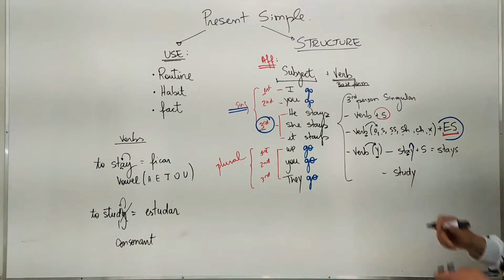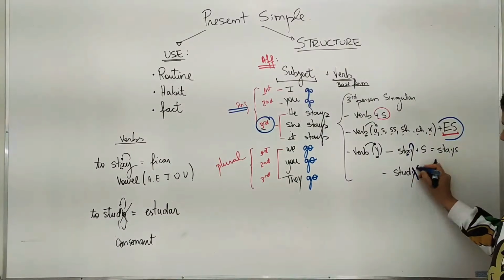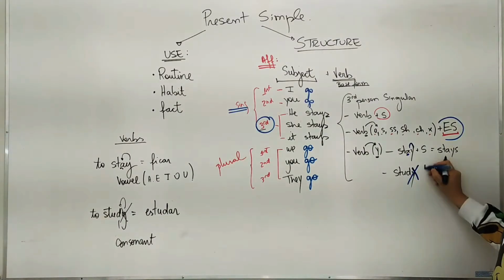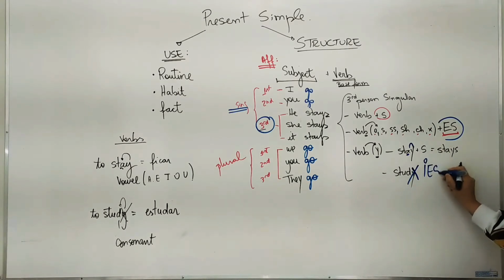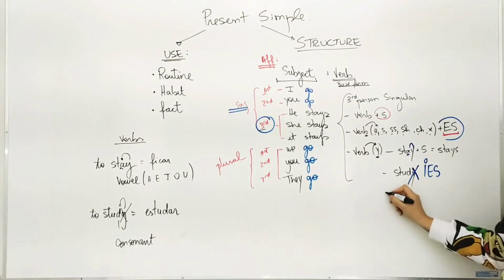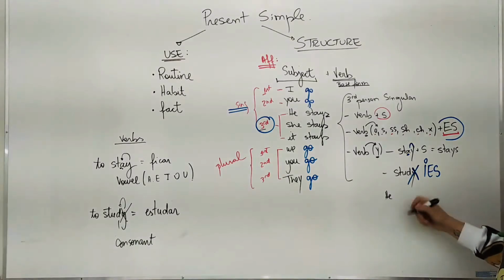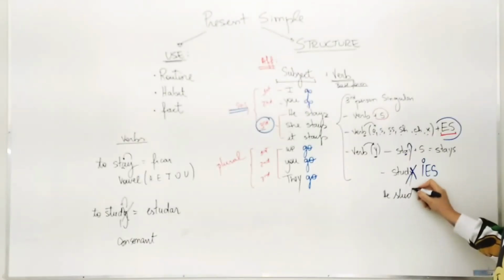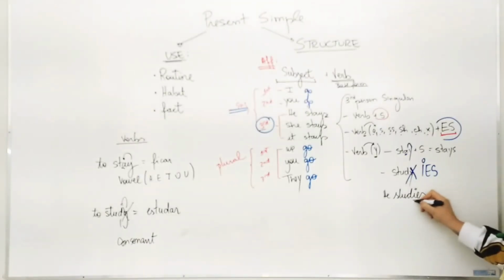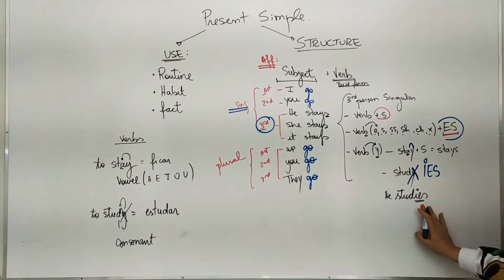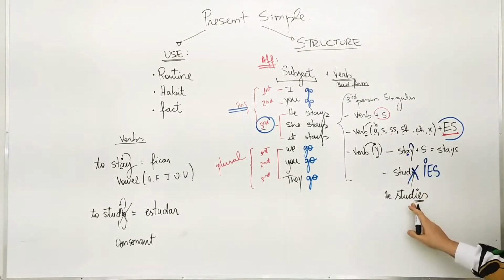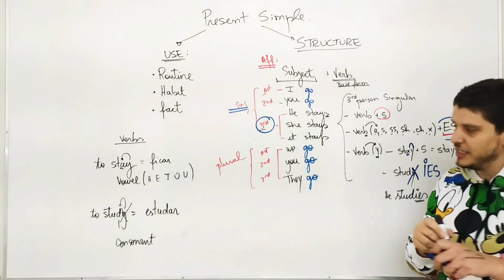What happens is we drop the Y and we add IES. So, if I want to say ele estuda, he studies. He studies. The pronunciation doesn't change. Study, studies. We just add this S at the end of it.